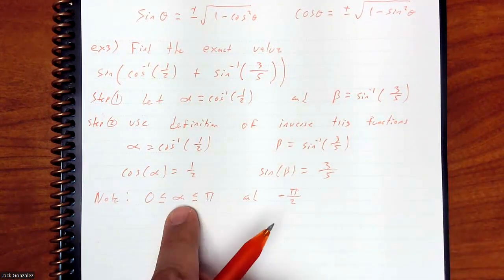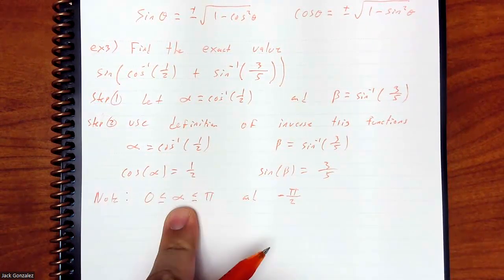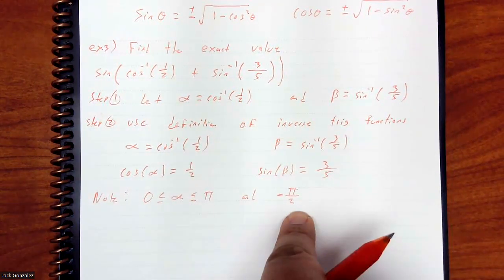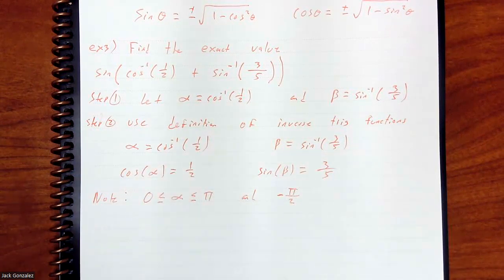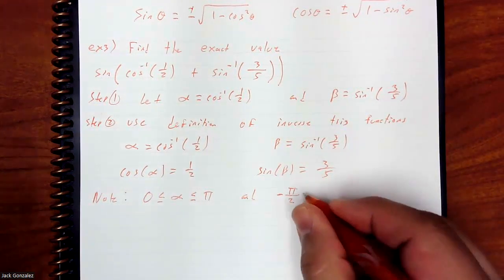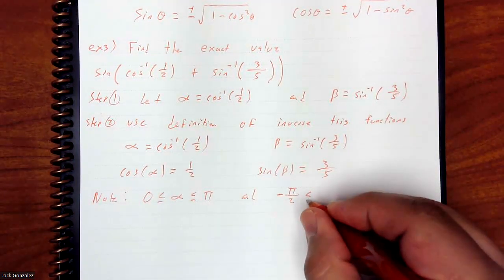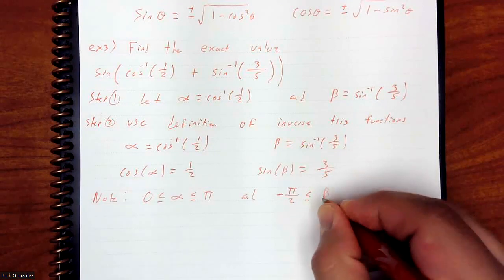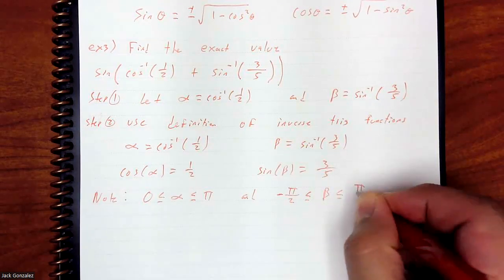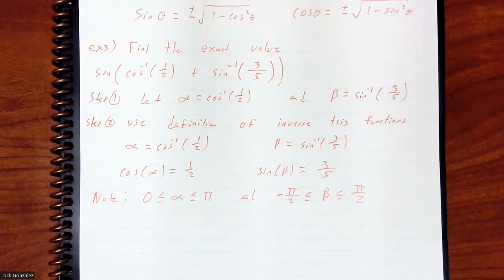Remember, we told you that the inverse part is within 0 to pi for cosine. And for sine it is negative pi over 2 to pi over 2.